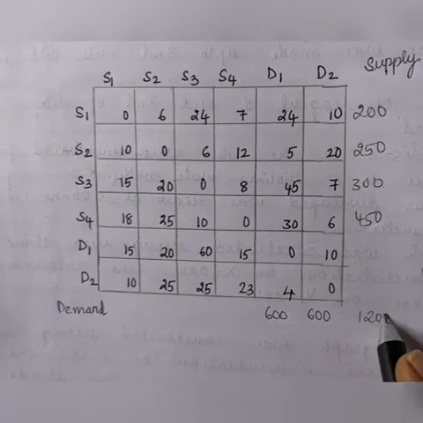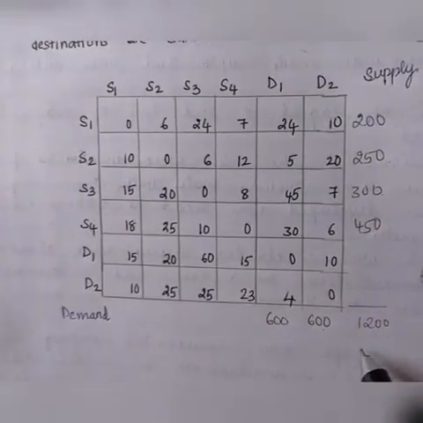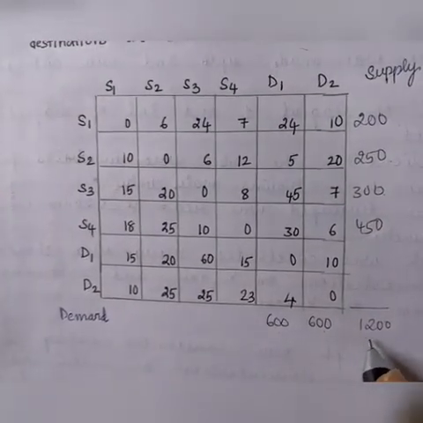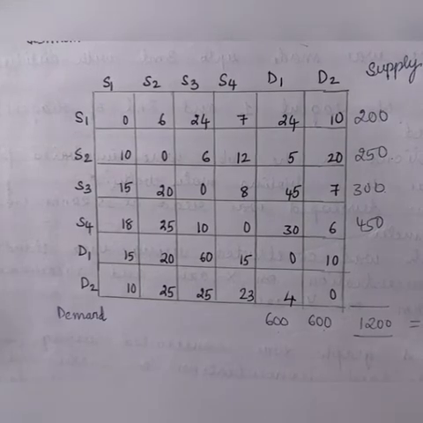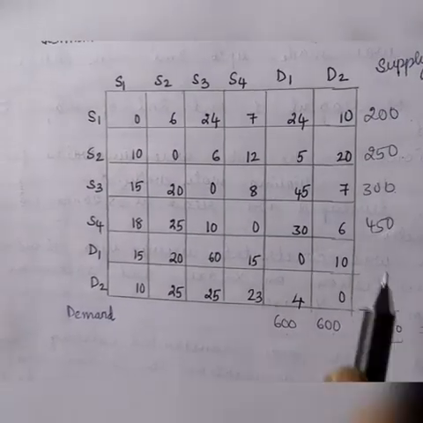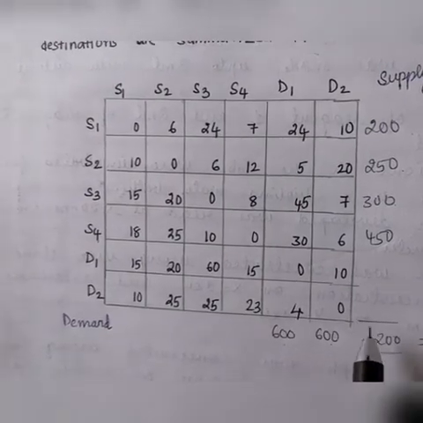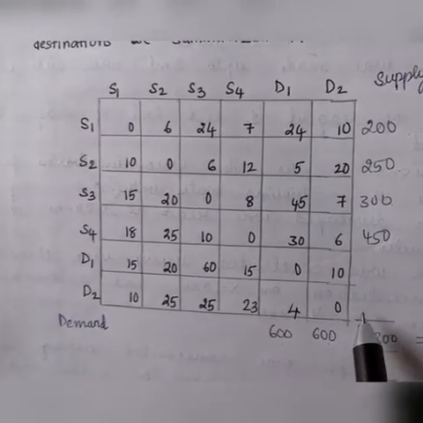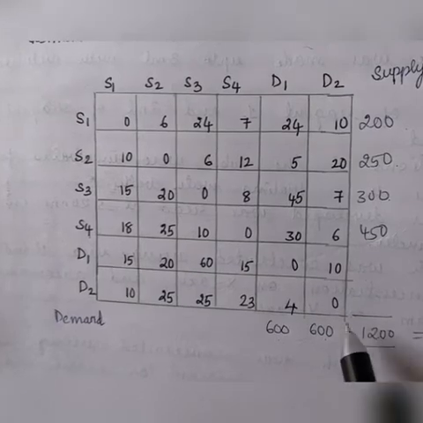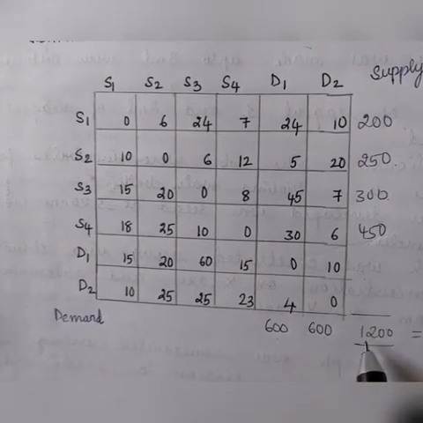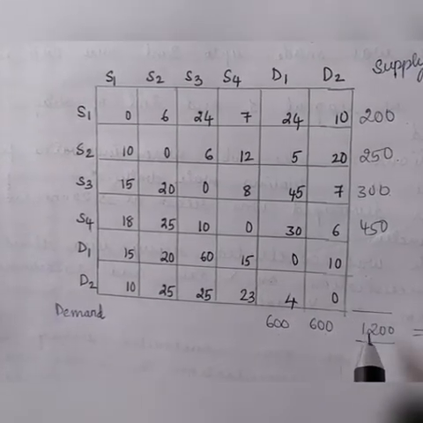So this is a balanced one because the supply is equal to demand. Let us assume this value is B. Now for example, if this particular problem is unbalanced, this is the step where you either add a column or a row and write the excess value either in the supply or the demand, wherever it is needed, as we would do in the transportation problem.